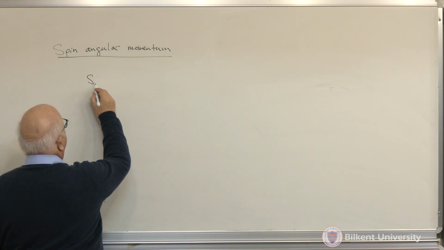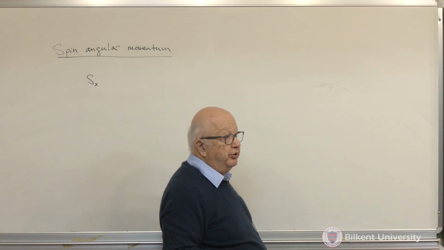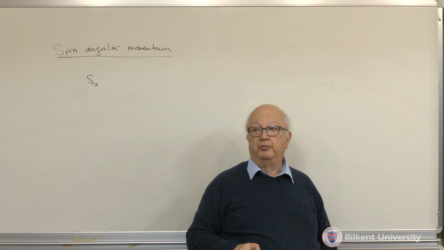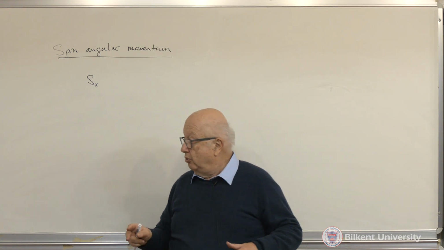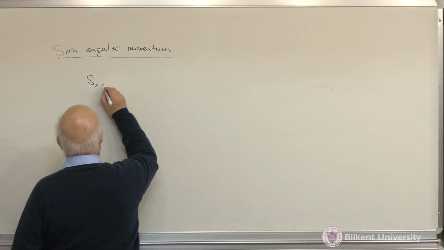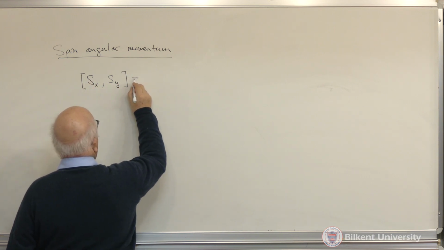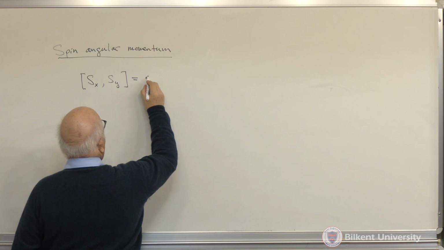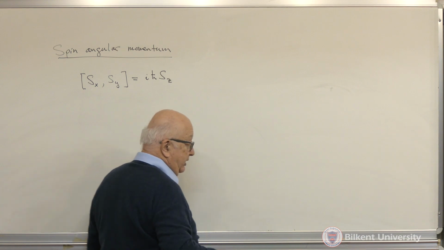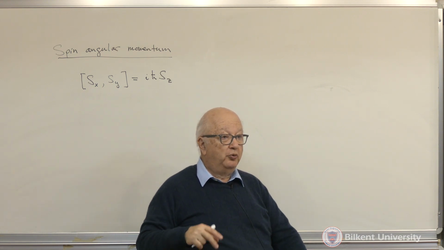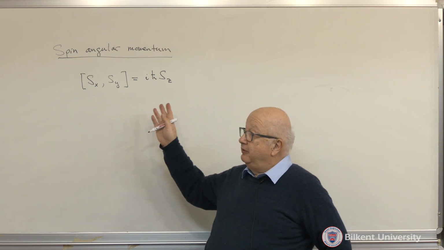Any component of this operator corresponds to a measurement of the angular momentum in the x direction. If I find the commutator of those components, I find that it's equal to i h bar S_z. Now, in the case of orbital angular momentum, we started with the operators r cross p, and then we could write this.